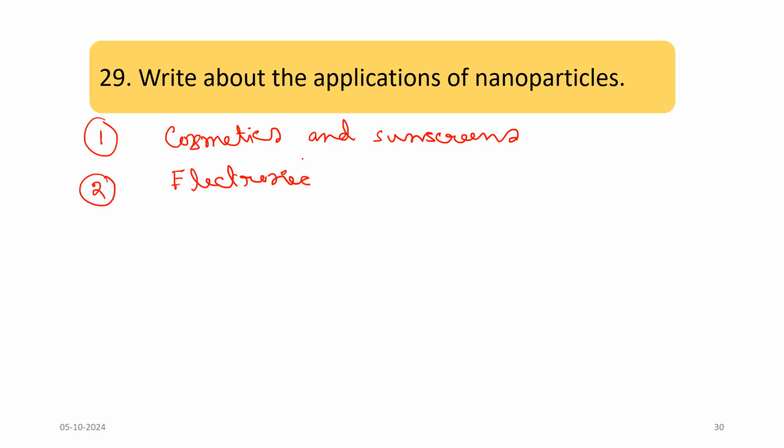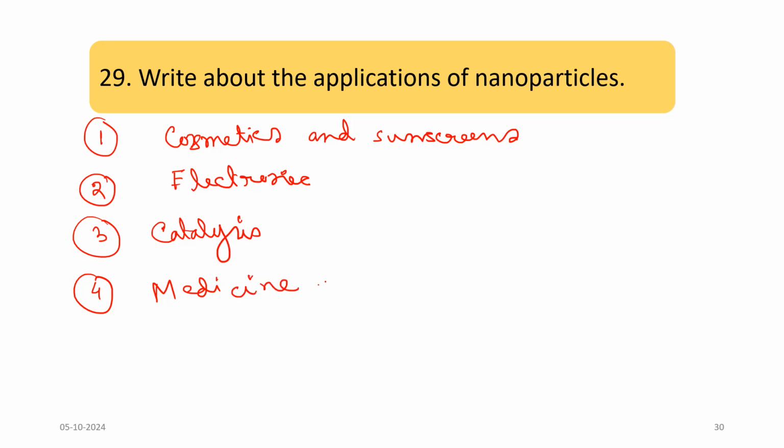Fifth one is the food industry, construction industry, environmental remediation, renewable energy, solar cells are made, then biosensors, which are very, very important.